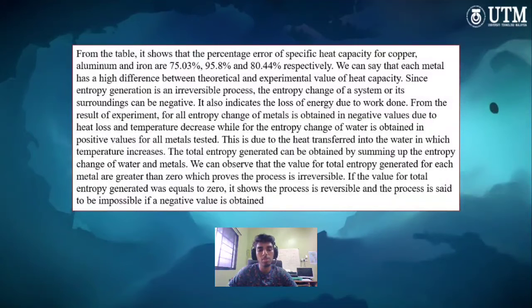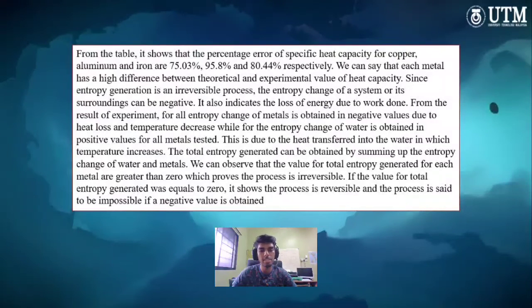While the entropy change of water is obtained in positive values for all metals tested. This is due to heat transfer into the water, in which the temperature is increased.